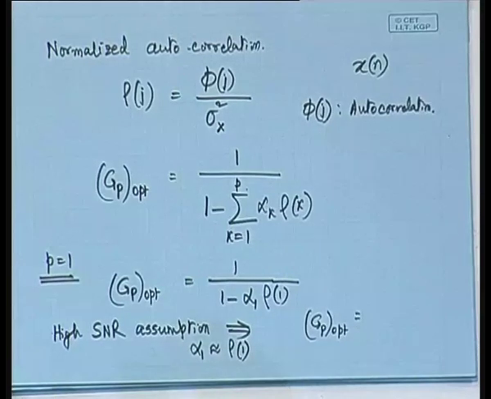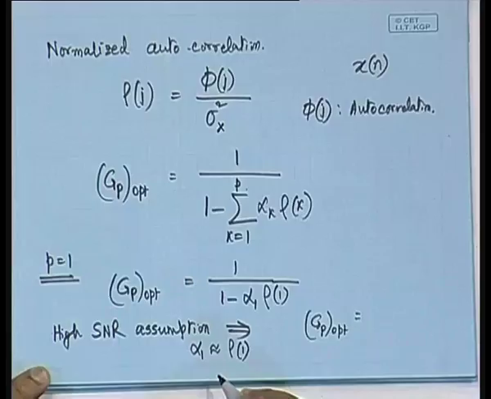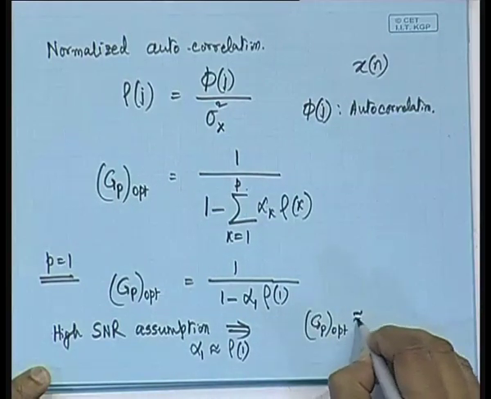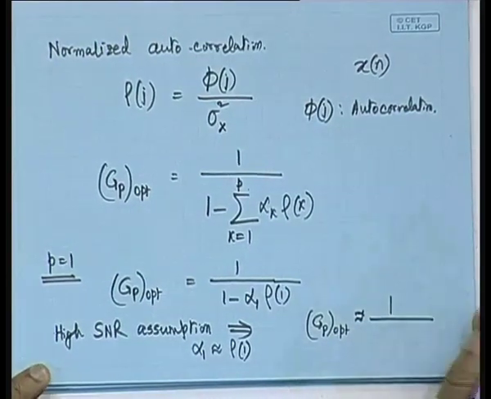This is intuitively okay, because sometimes back I was telling you that if good correlation exists with the immediate past sample, we should have a larger value of this alpha 1. So, alpha 1 we make as rho 1, which is basically indicative of the normalized correlation in this case.